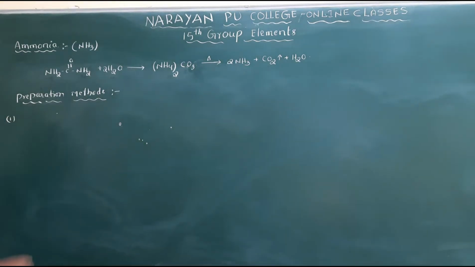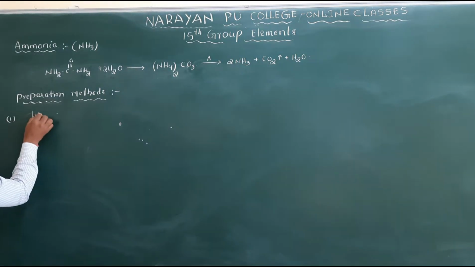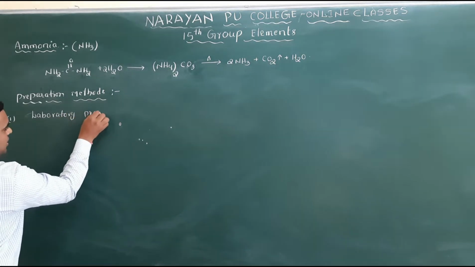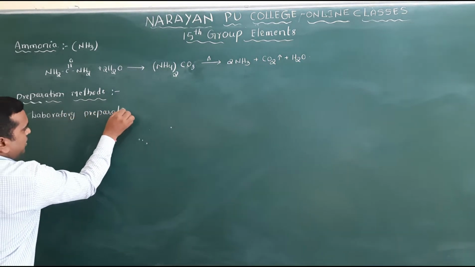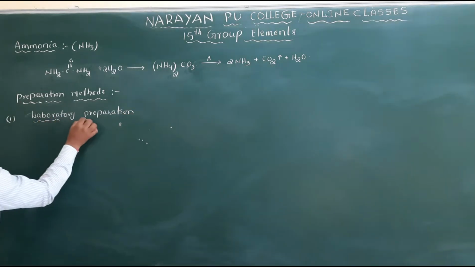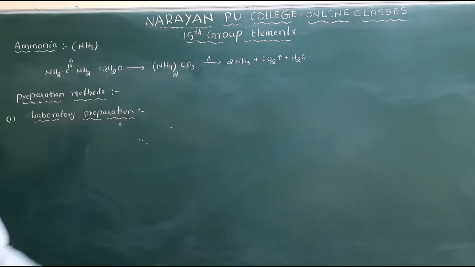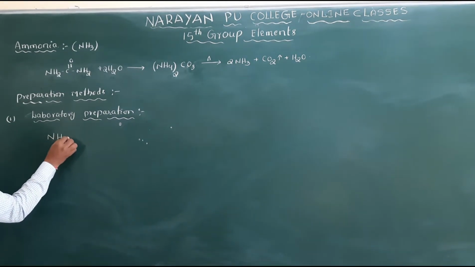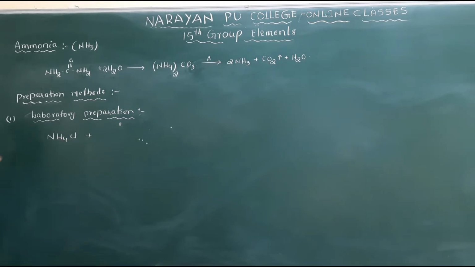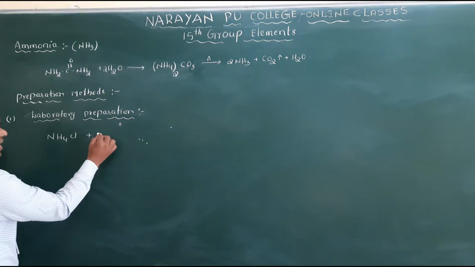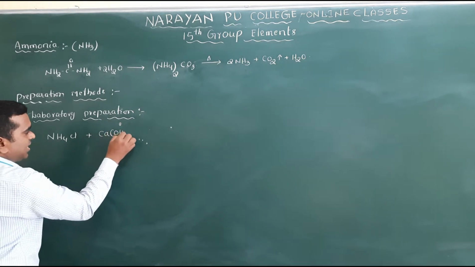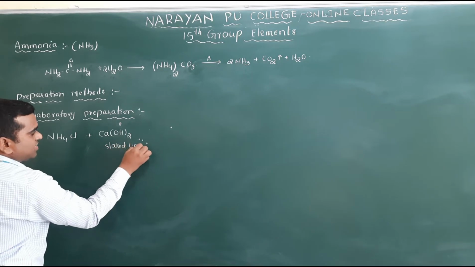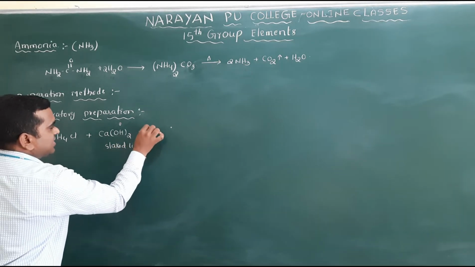In the laboratory, we will heat the mixture of ammonium chloride and calcium hydroxide, which can also be called slaked lime, and heat it.